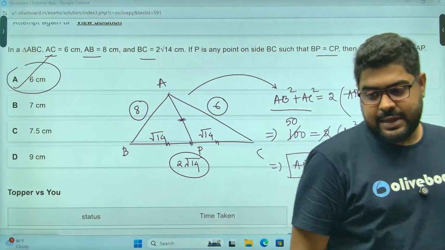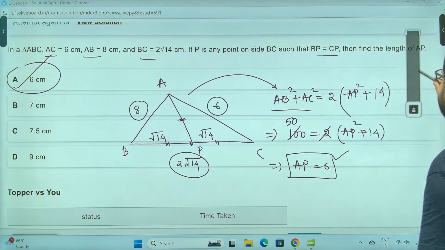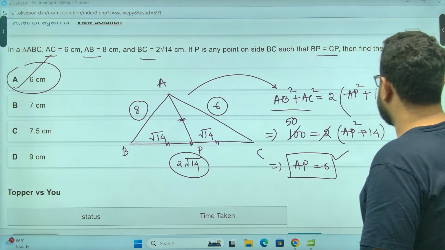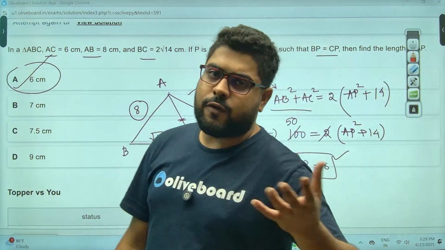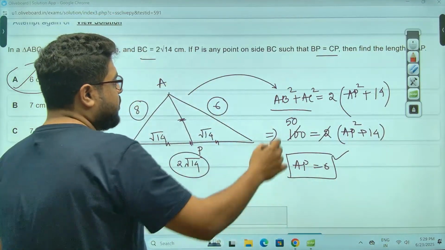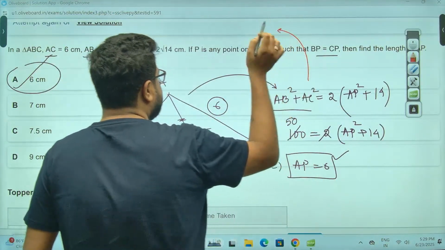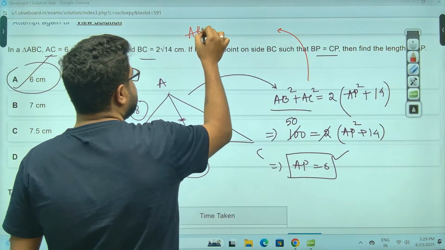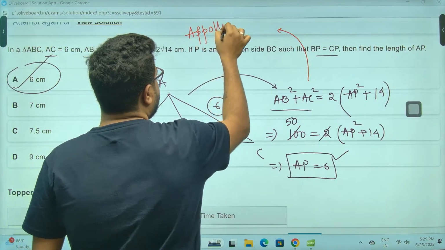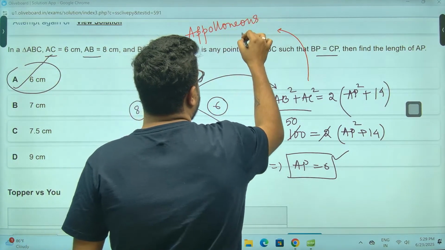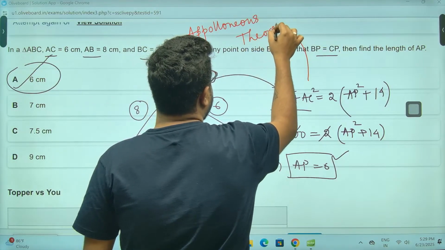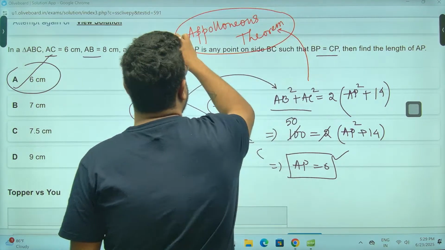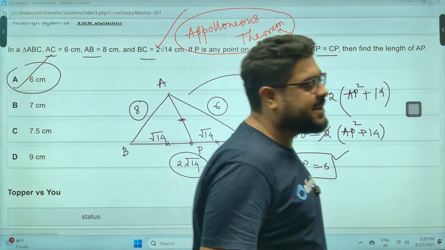Again, for those who are absolutely new: Pythagoras we all know for right angle triangles. For non-right-angle triangles, we have two theorems. One is this Apollonius. The spelling is a bit tricky, because this person was a Greek, not an English person.